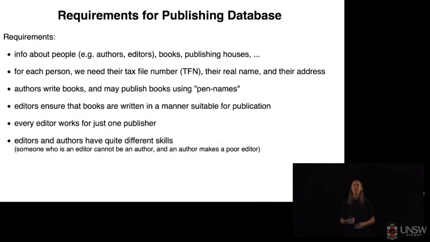I'll talk about some of them now, and we'll talk about more of them later on as we get further into the design. Okay, so the kind of things that we need to talk about with the book publishing database is obviously books and publishers, as in publishing houses, not publishers like Rupert Murdoch, and authors, and in this case we're also going to talk about editors, who are the people that take the author's work and fix up all the semicolons and so on and knock it into shape for publication.